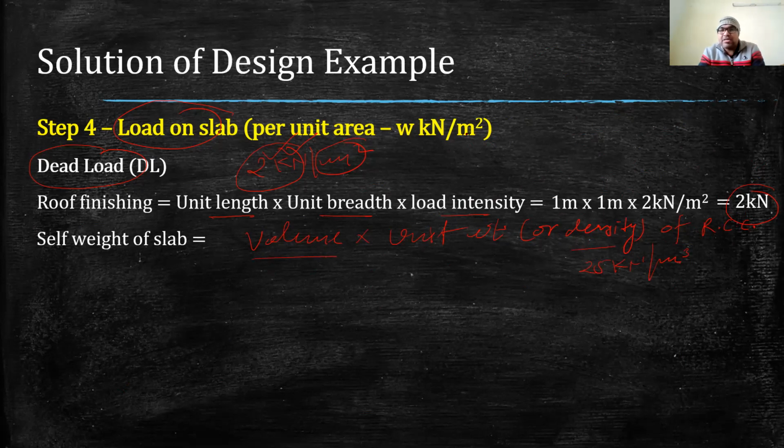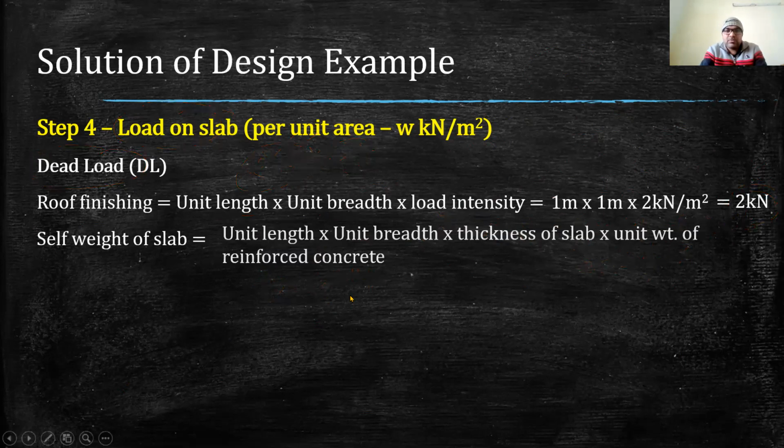As we are calculating load on unit area only, length will be 1, width will be 1, multiplied by overall thickness. Overall thickness of slab will be 140, and because this is in millimeter, we will put this in meter also. Putting the value as 1 into 1 into 0.14 multiplied by the unit weight of reinforced concrete, and calculating this, we get the value 3.50 kilonewton.